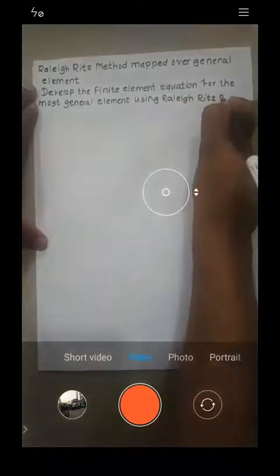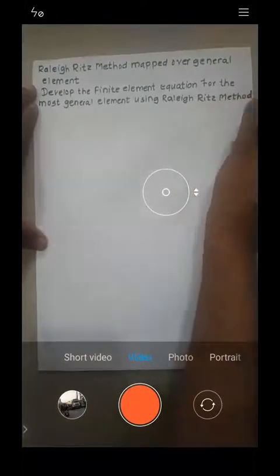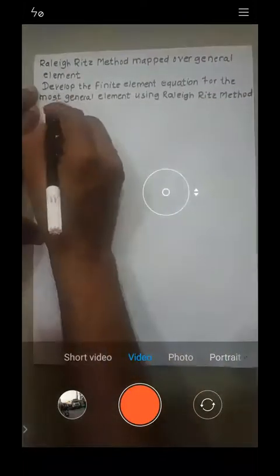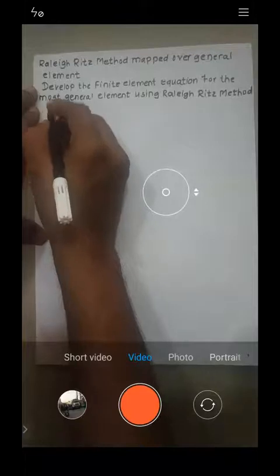This method is also known as the RR method, that is, Rayleigh-Ritz method, for the mathematical model.